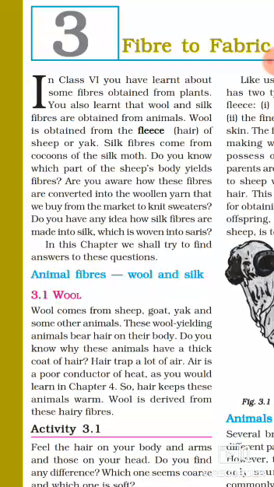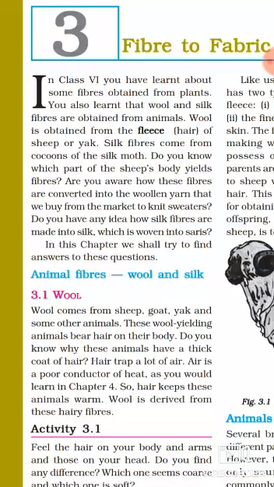Now do you know which part of the sheep's body yields fibers? Do you have any idea how these fibers are converted into the woolen yarn that we buy from the market to knit sweaters? Do you know how silk fibers are made into silk, which is woven into saris? These are the questions that are mainly to be learnt in this whole chapter.